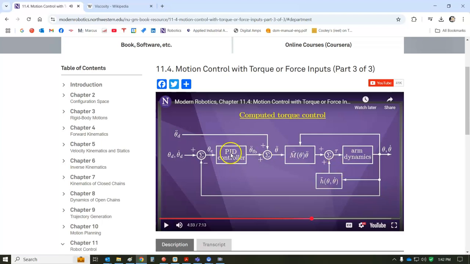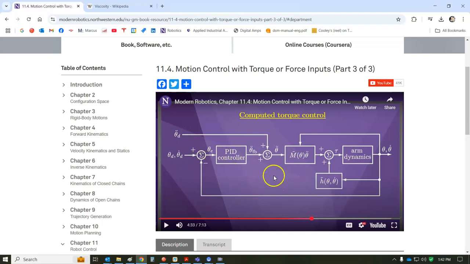Yeah, the nice block diagram is your PID controller, but here you've got your torque output. This is torque current to the motor, and here we're measuring the velocity, the angular velocity, and the velocity goes through the PID.